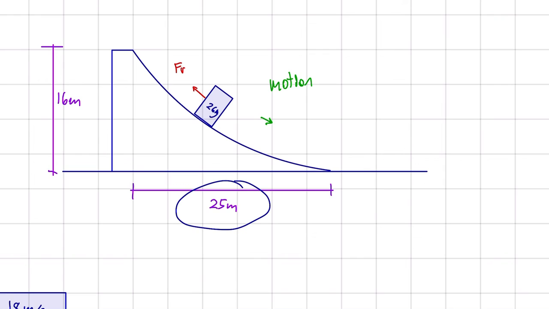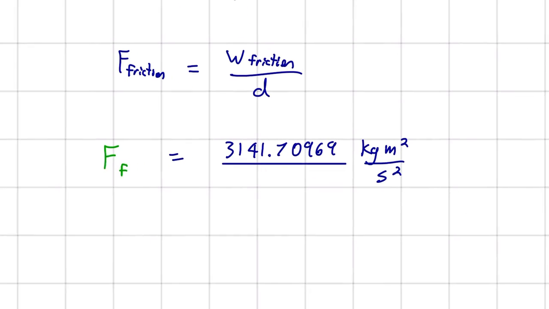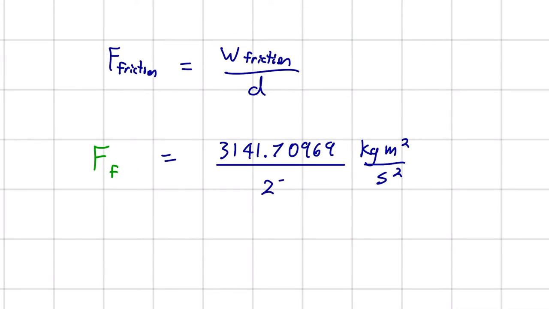So what distance is this friction acting? Like, how long is it acting for? Well, it says 25 meters. As long as we go from the beginning of the slide to the end of the slide, the friction will be acting, and the distance there is 25 meters.